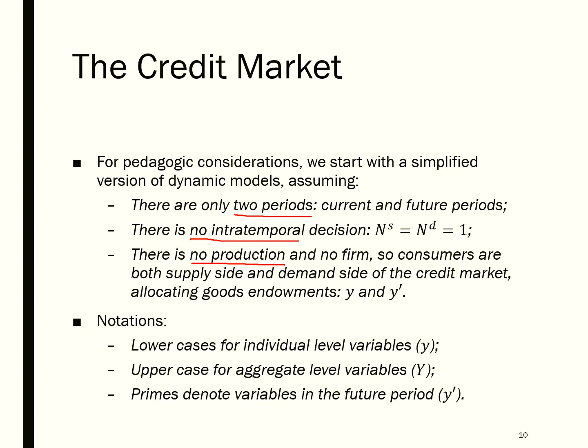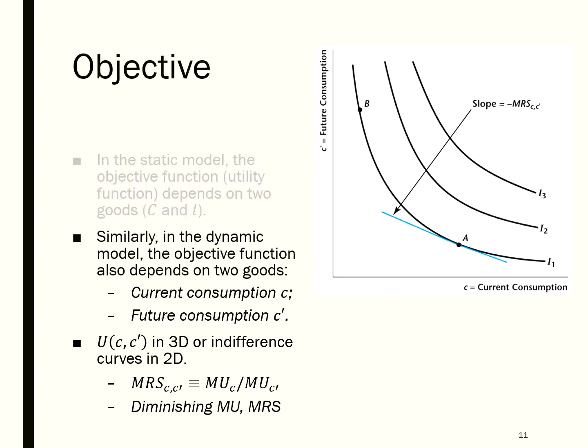Like the static model, we model the decision of the consumer by an objective function and constraints. In the static model, the objective function is utility, which depends on two goods, consumption C and leisure L. Similarly, in a dynamic model, the objective function also depends on two goods, current consumption C and future consumption C prime.